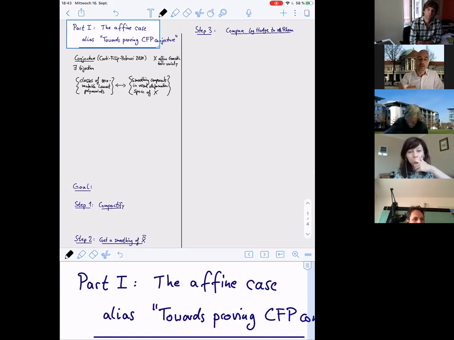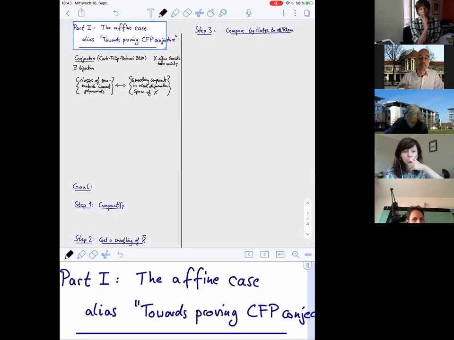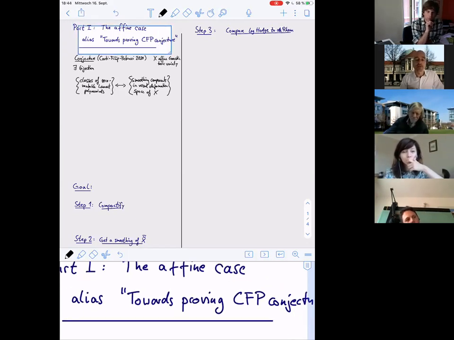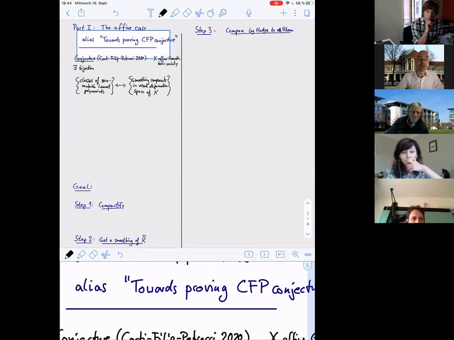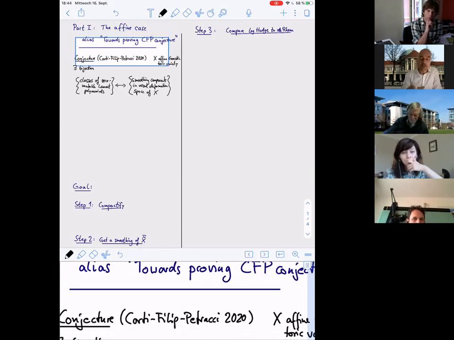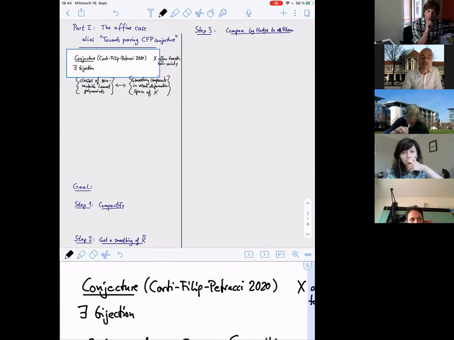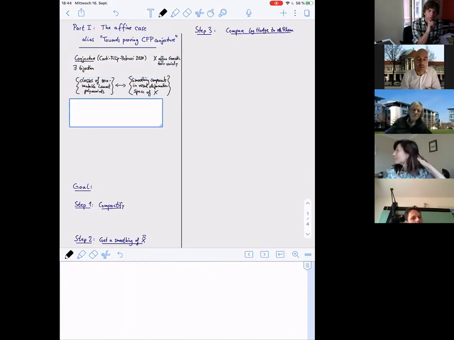All right. So in the affine case, that's about proving the CFP conjecture. CFP is Corti-Filip-Petracci. You see here the conjecture sketch, more or less what we already saw this morning in Andrea's talk.